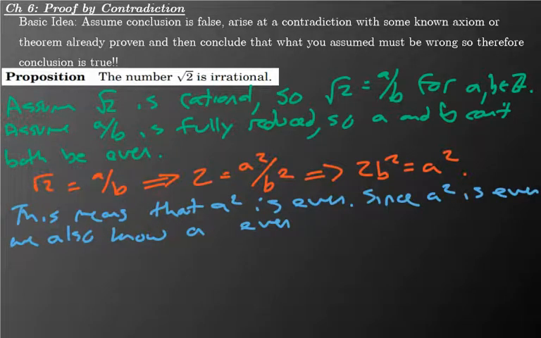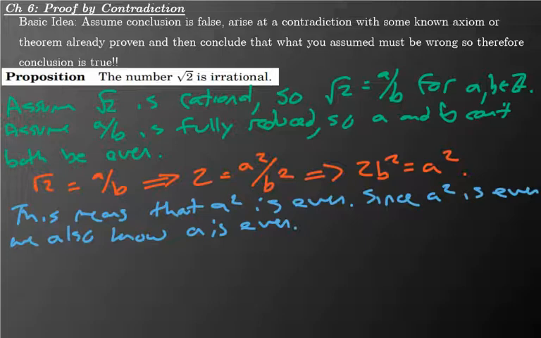We know this just because that's how numbers work: if you have an even number and you square it, it's even still. 4 times 4 is even. That's a basic property of numbers that we can take as true.